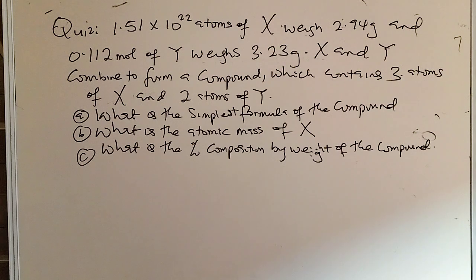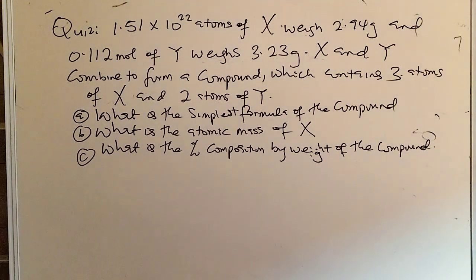S and Y combine to form a compound which contains 3 atoms of S and 2 atoms of Y. Question A: What is the simplest formula of the compound? B: What is the atomic mass of S? C: What is the percentage composition by weight of the compound?